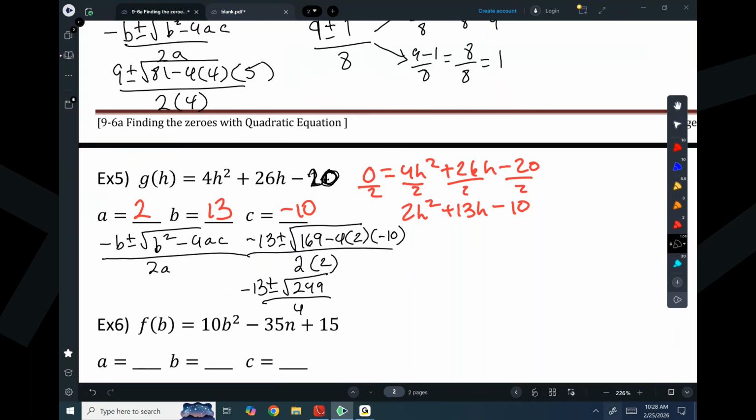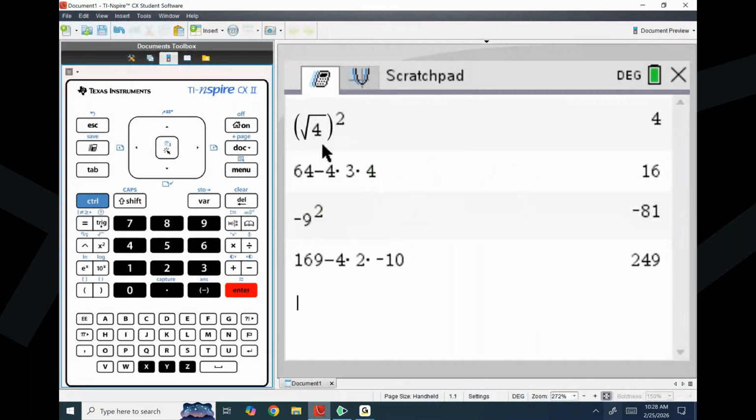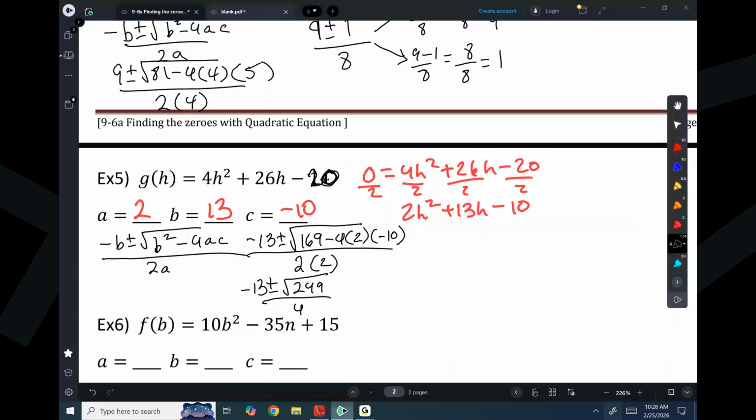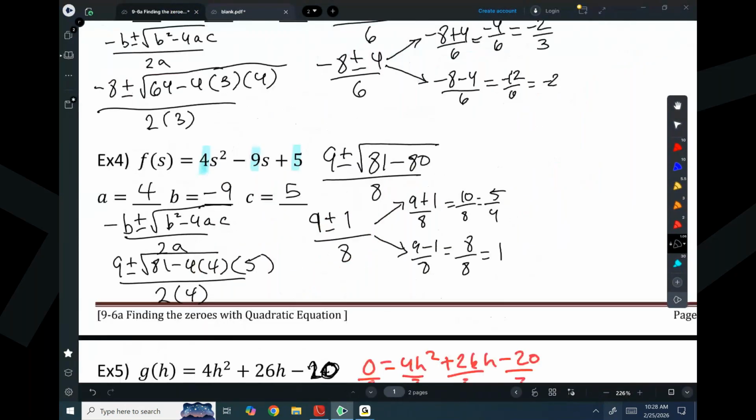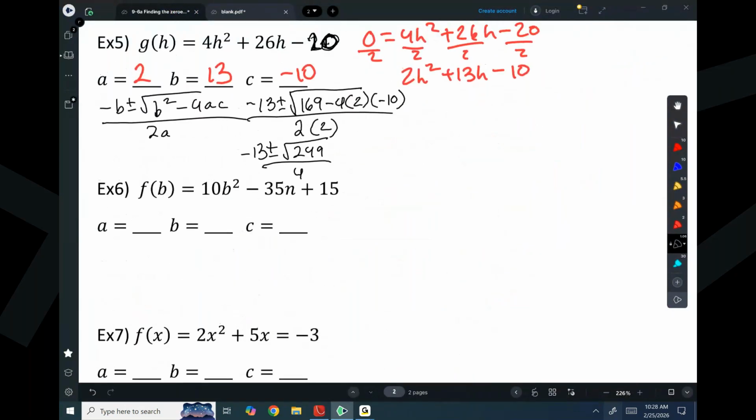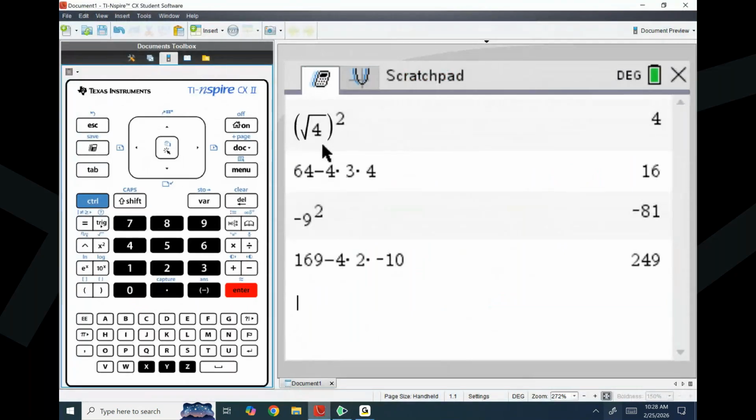All right, let me teach you something on the Inspire that you may not know. If you're in the state of Texas, they're going to ask you on the STAAR test, on the end of course test for algebra, to simplify a radical, right? They're going to ask you to do something like what we did up here on A through D. There's a cool thing you can do that you may not know.